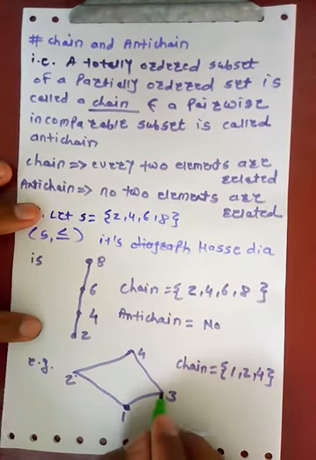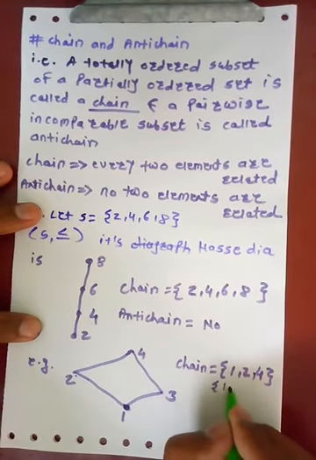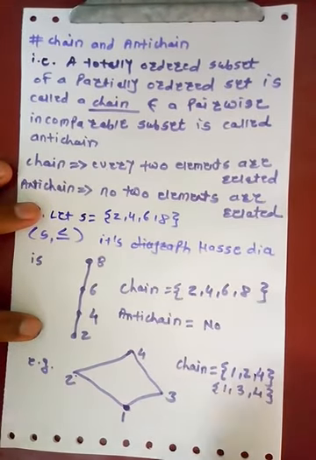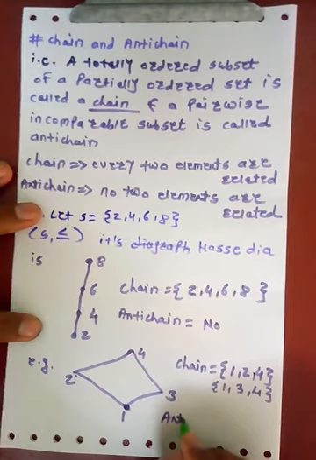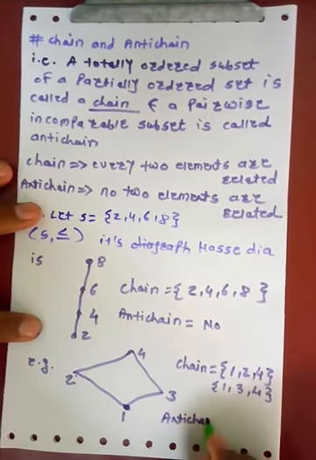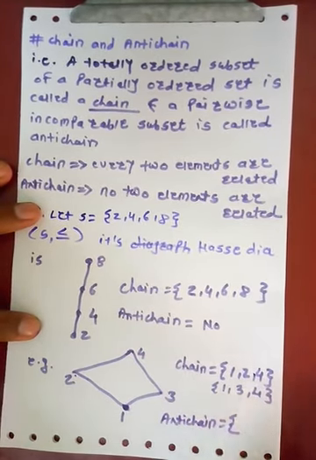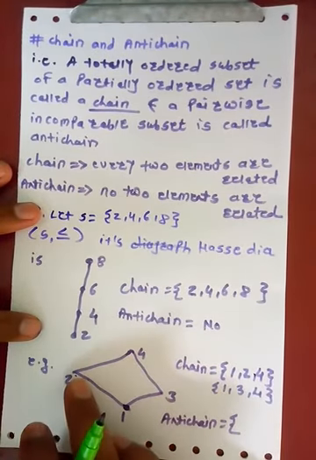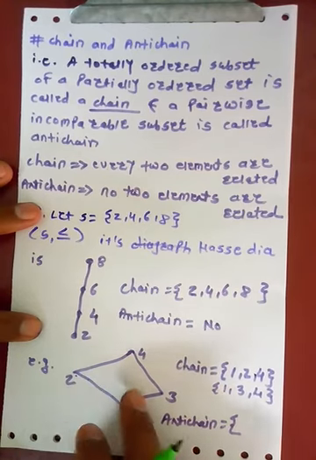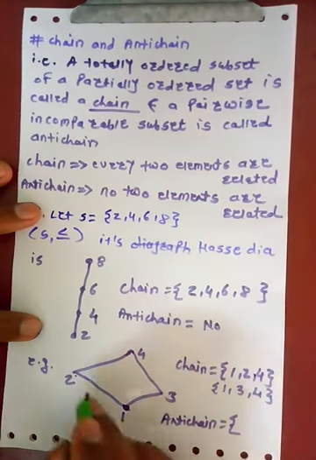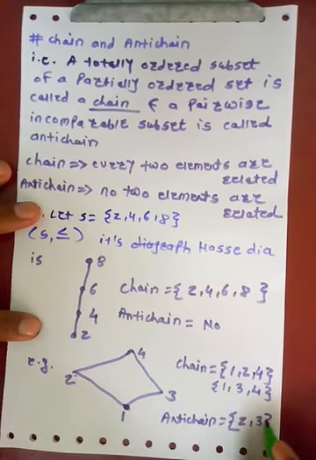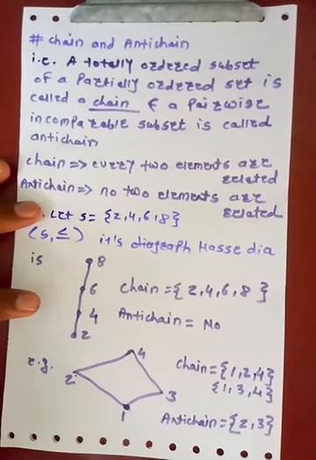Again 1, 3, 4 is a chain. Then what is the anti-chain? That is non-related elements, that is 2, 3. There is no relation between 2 and 3, no connection between them, so that's why they are not related. So 2 comma 3 is an anti-chain.